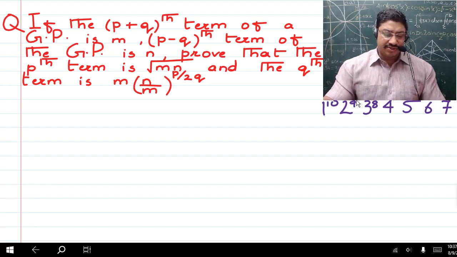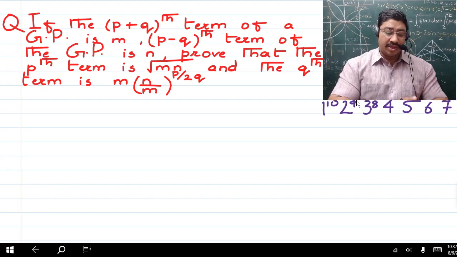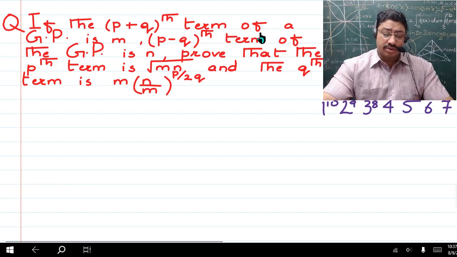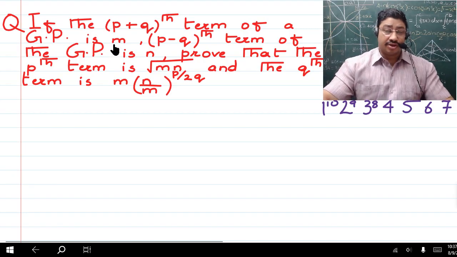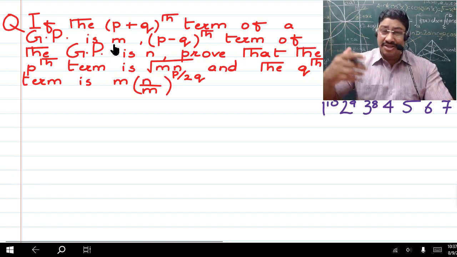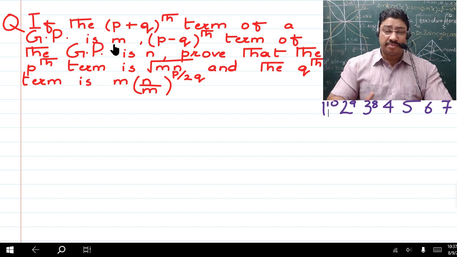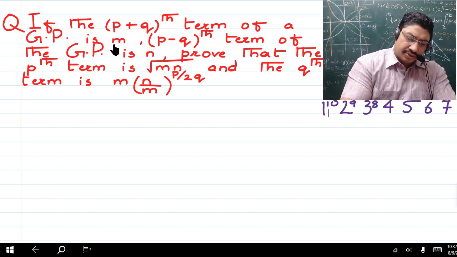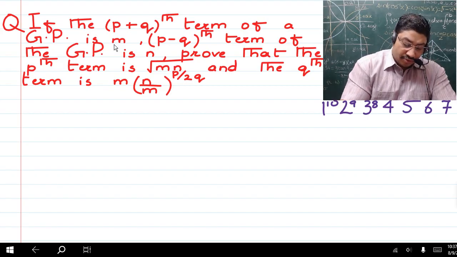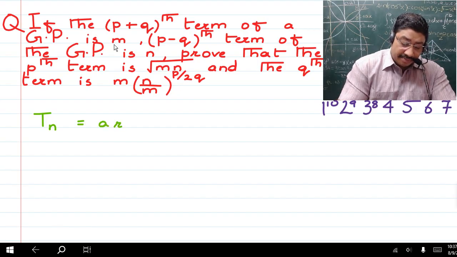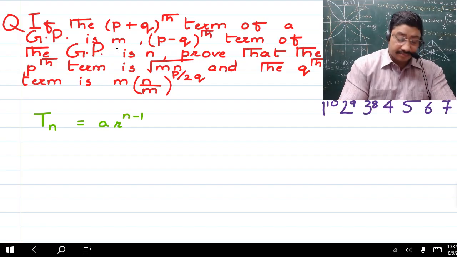So children, in this question, we've been given that the p plus qth term of a geometric progression is m. Here, as we are going to use a specific term of the geometric progression, we will first write the formula. If we talk about the nth term Tn, then that is equal to A, multiplied with R, the common ratio, raised to the power n minus 1.